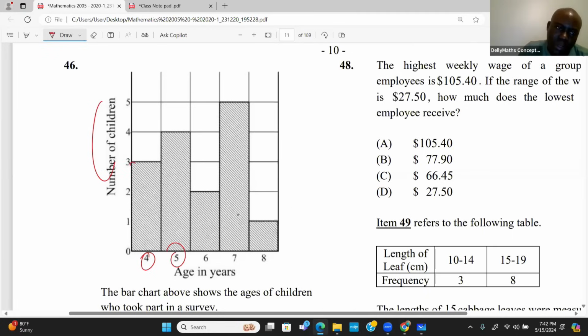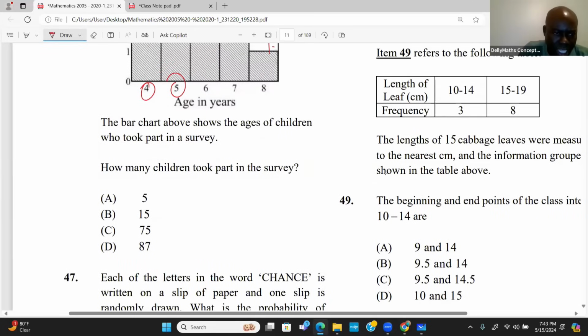So you need to add these up: 3 plus 4 plus 2 plus 5 plus 1. That's 7, 9, 14, 15 children overall. So only 15 of them, you look for 15 and you're done.